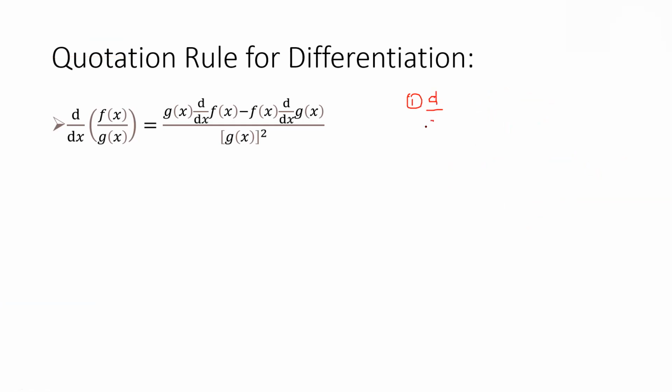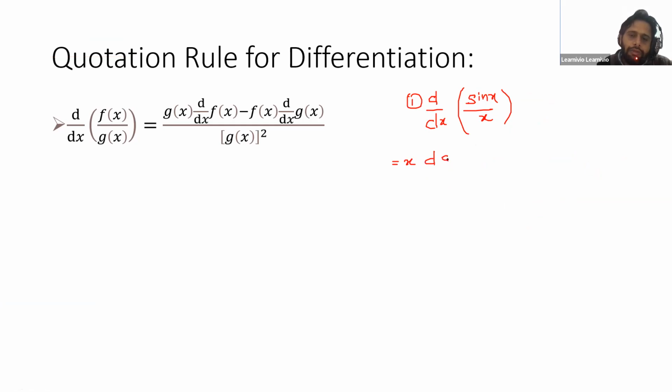Done, sir. Now suppose we have this question, sin x by x. As per this formula, first of all, write the denominator, differentiate the numerator, minus numerator, differentiate the denominator, by denominator square.